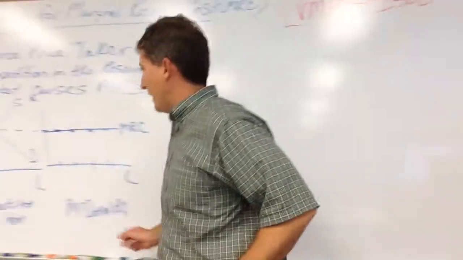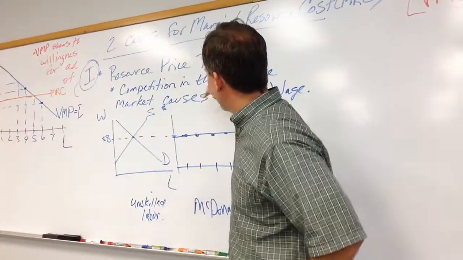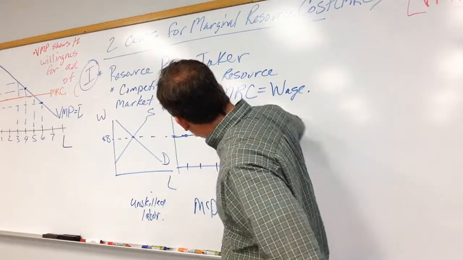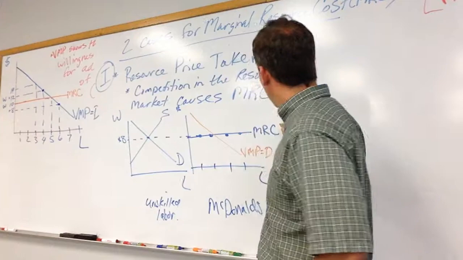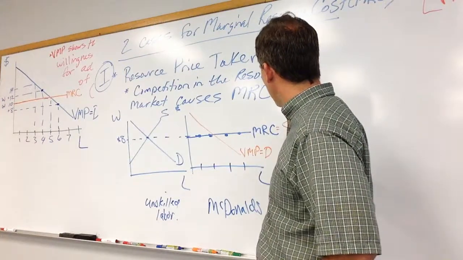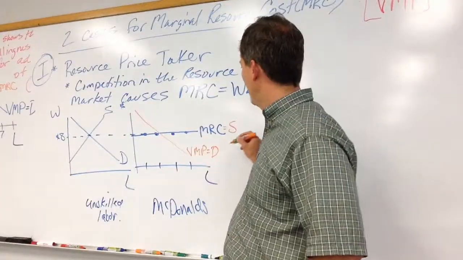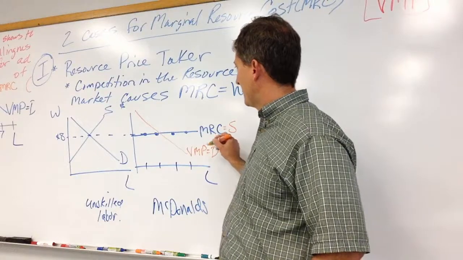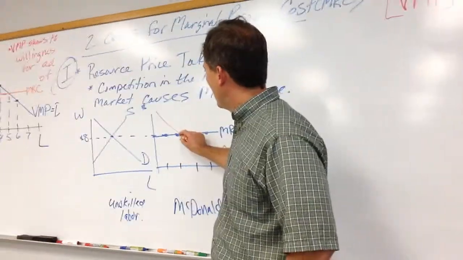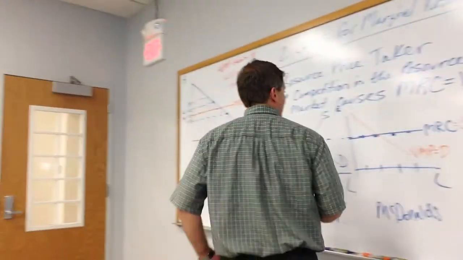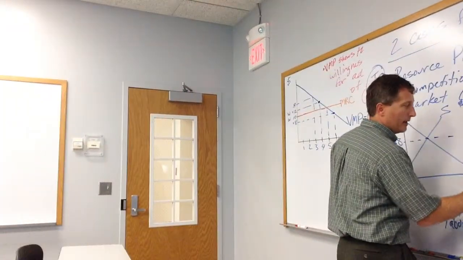Now, we've already covered the value of the marginal product curve. You can just put any old VMP curve in here, which is the demand. The marginal resource cost curve is the supply. So the supply of workers is perfectly elastic. The firm maximizes profits by hiring L star.